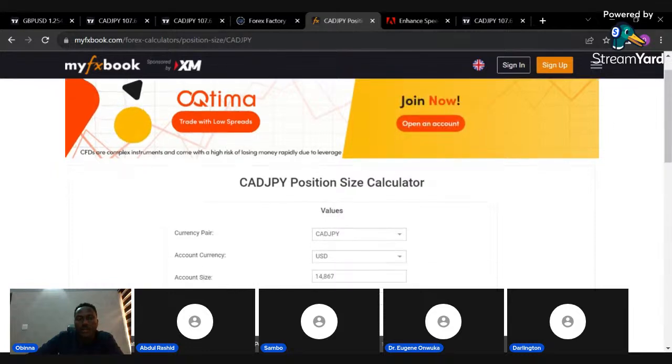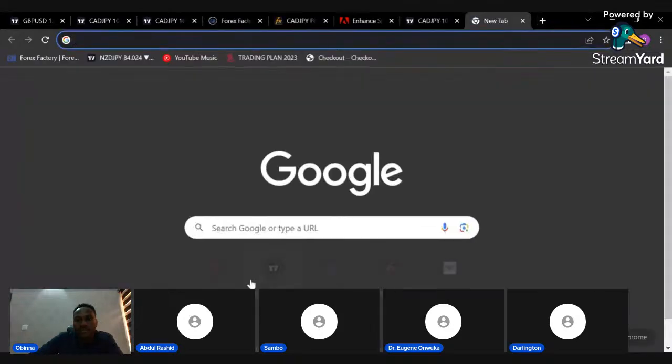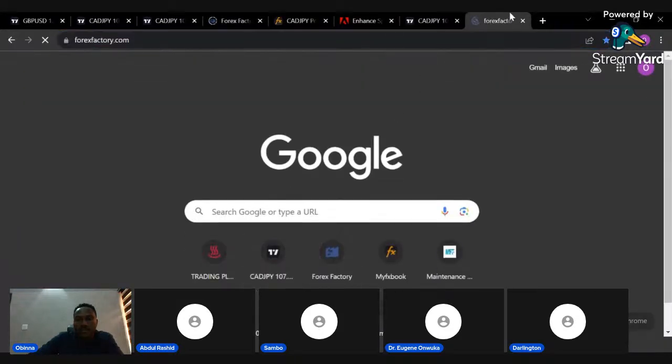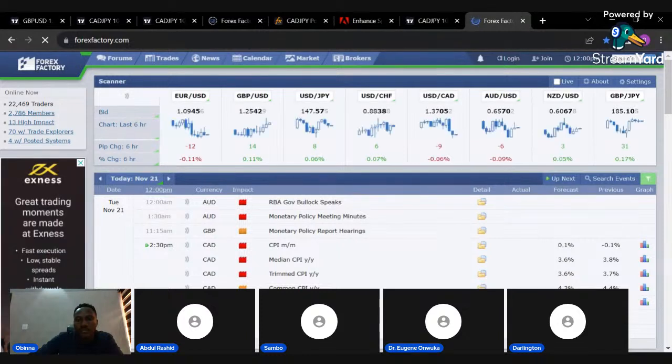It's called the position size calculator. I use my forex book.